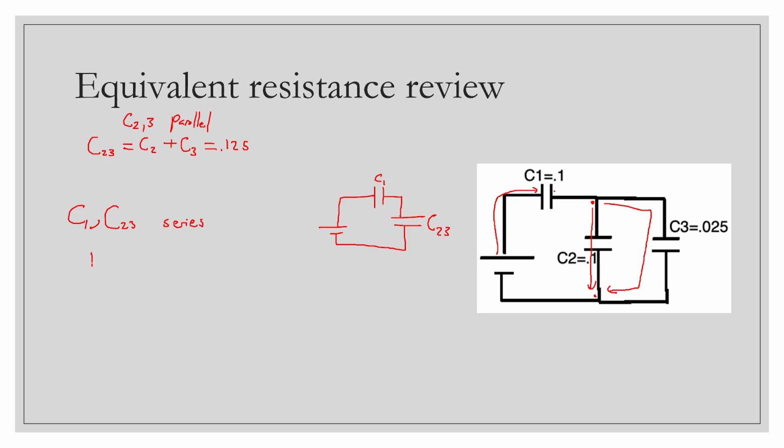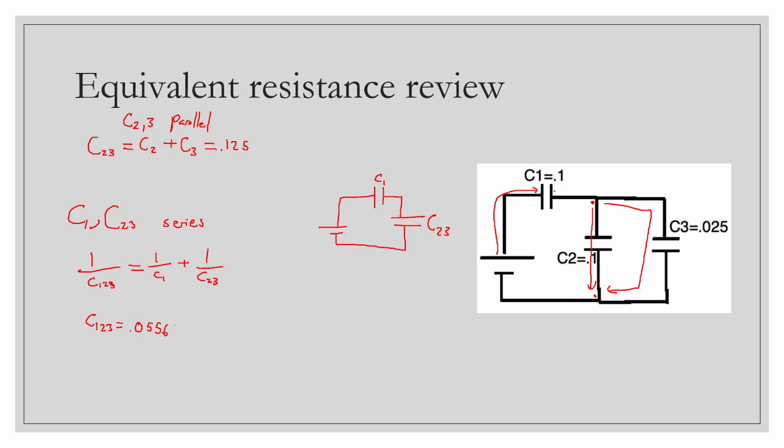So I would do 1 over C1,2,3, or you'll sometimes see this called C equivalent or C total, but it doesn't matter, equals 1 over C1 plus 1 over C2,3. When you solve this out, we get C1,2,3 equal to 0.0556.